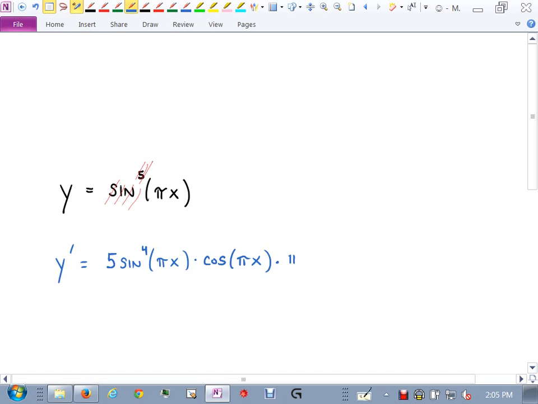Pi is a constant. That's it. If I were going to write this problem as a final answer, I'd bring that pi all the way out in front next to the 5. I'd have 5 pi, sine to the 4th, blah, blah, blah.